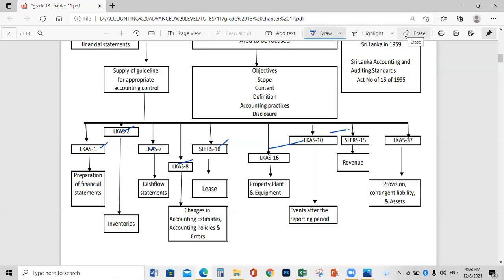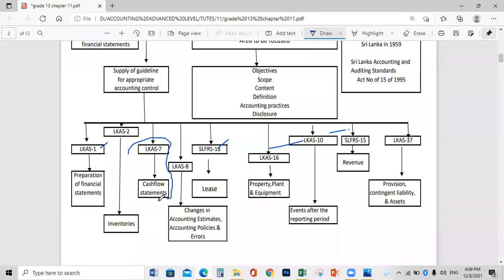So there are 9 standards you all have to know. Actually, there's another one, income tax. It's a small one. So around 10 standards.